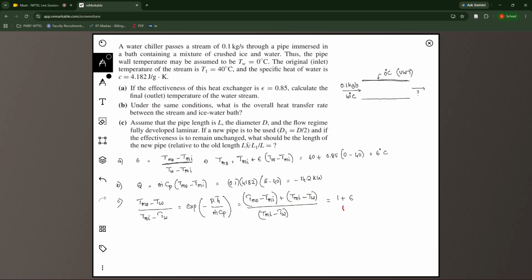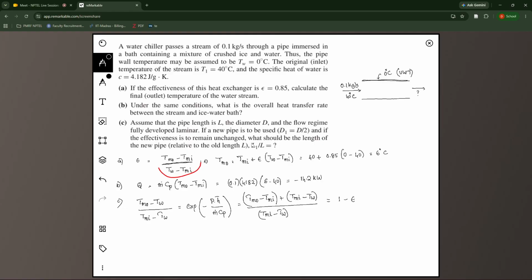Is this step clear? Yeah. So you can see this term here. Sorry, I should have written it the other way around. So this is 1 minus epsilon, sorry.